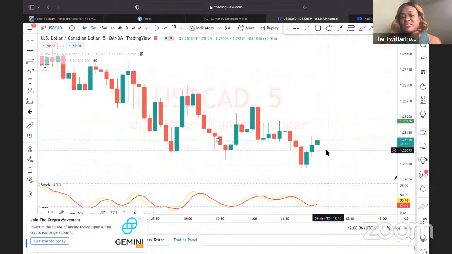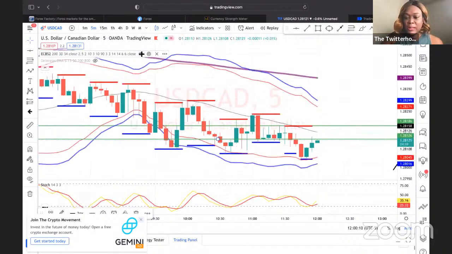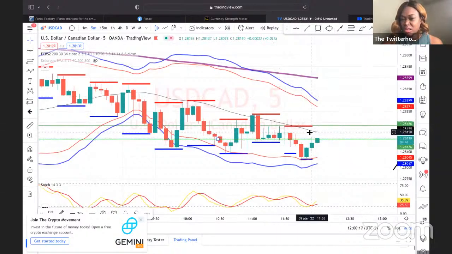All right, let's see if it will come up. We have a new candle. Now I would want to see price come to 158 now that we have the new candle.